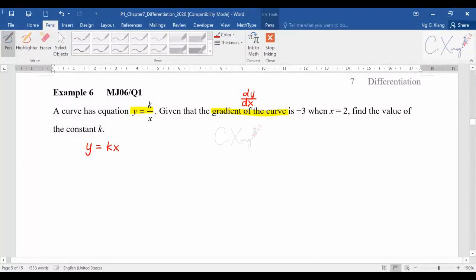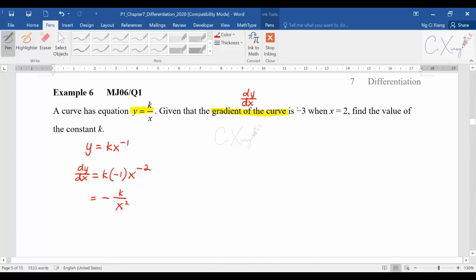So k over x, you can write as kx power -1. First I want to find the dy/dx. K is a constant, you just copy. Power -1, you put in front. And then x, you just copy, power -1 becomes -2. Generally, you are having -k over x squared for the differentiation.